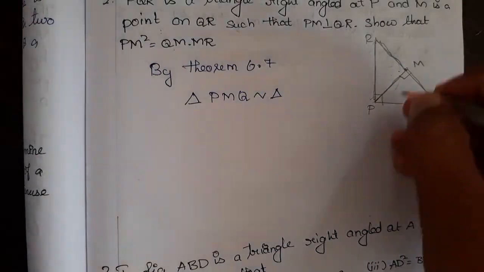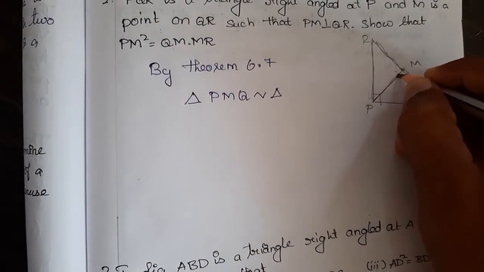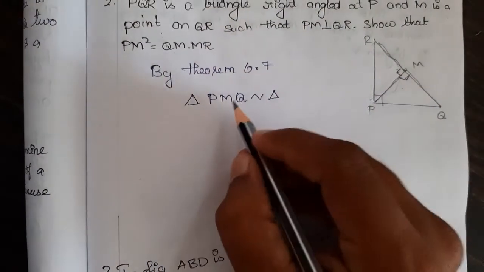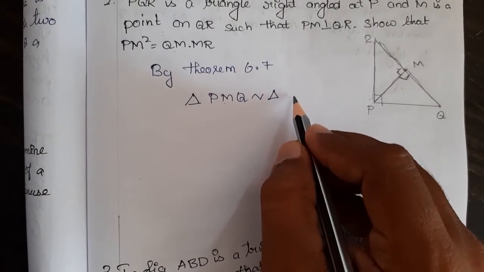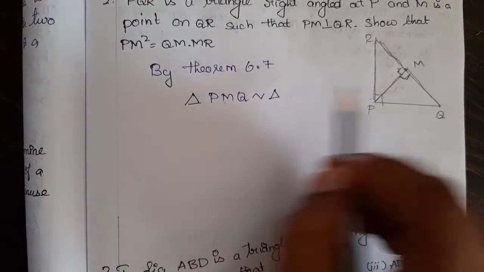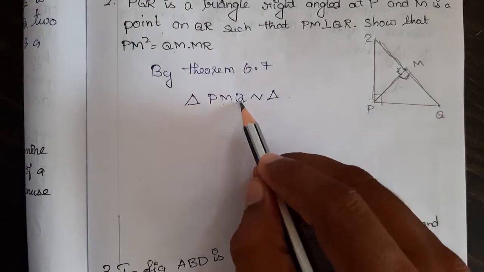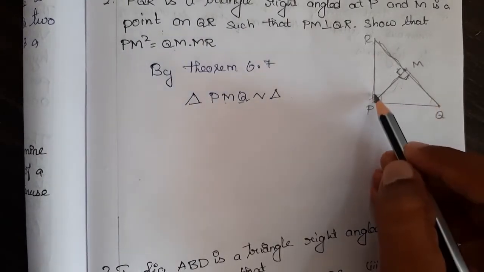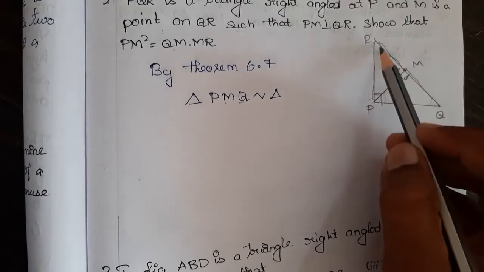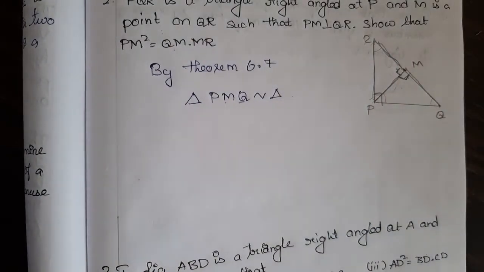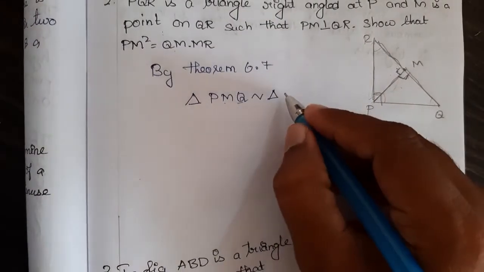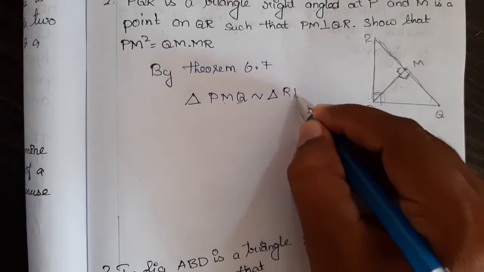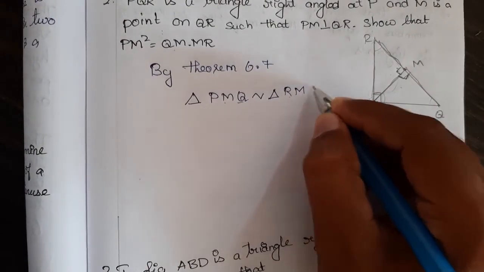These two triangles, this is 90 and this is 90, so these two are corresponding. So M will be placed with M, and the angle Q will be equal to the angle P, this angle, and this will be equal to this angle, right? So therefore triangle RMP.